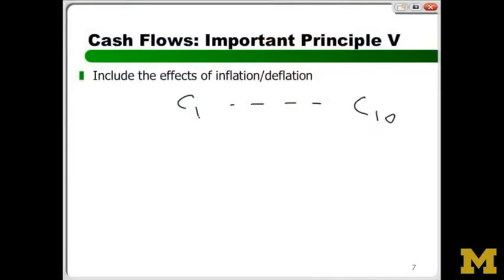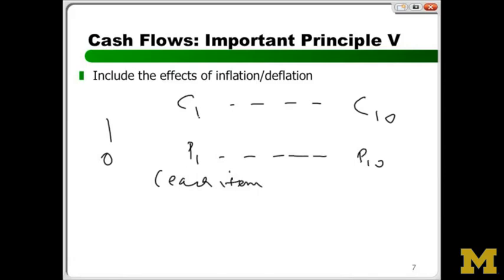So remember, you're doing C1, C10, right? But you're standing here. What will happen to the prices of all your revenue items, costs of goods sold and everything? They're going to change. So P1 will be different than P10. And for each item, so for your commodity you're trying to sell, there'll be inflation at a different rate and so on and so forth.